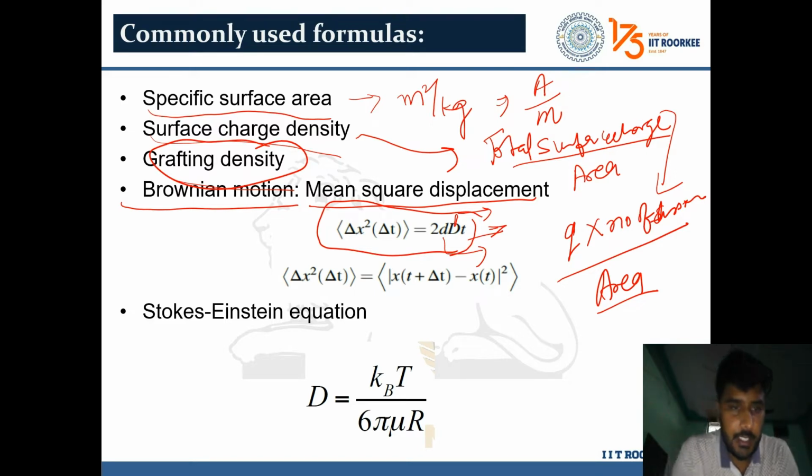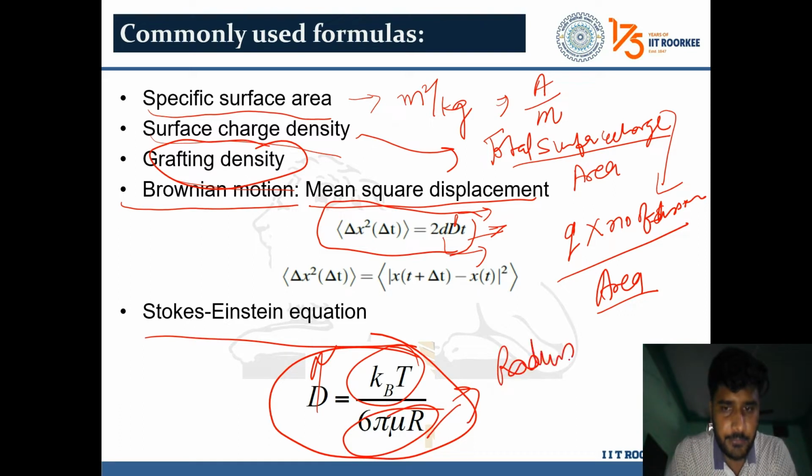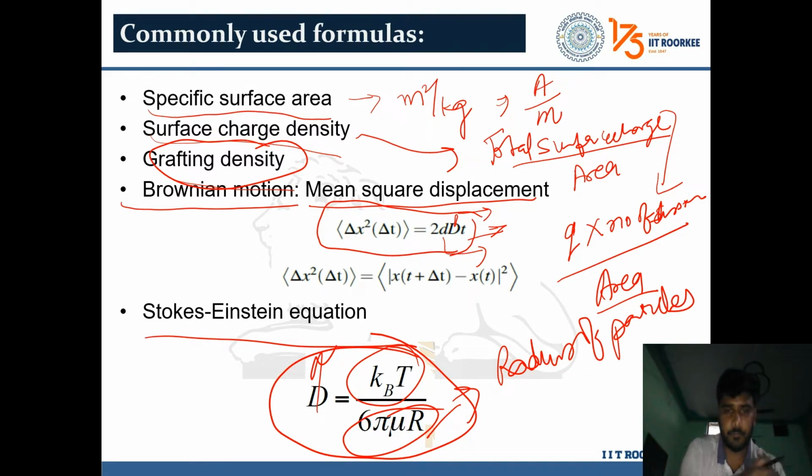And this is another important equation, the Stokes-Einstein equation, basically used for calculating the diffusion coefficient. It relates the thermal energy divided by this term, where r is the radius of the particle and mu is the viscosity.